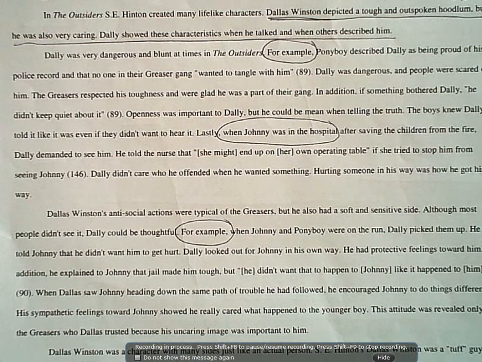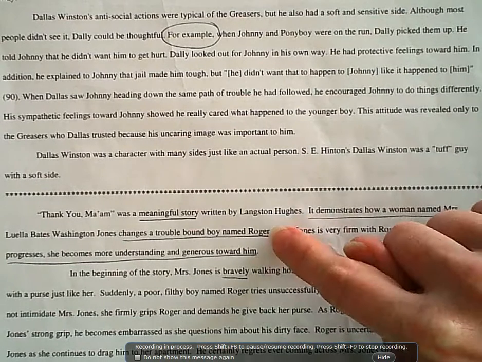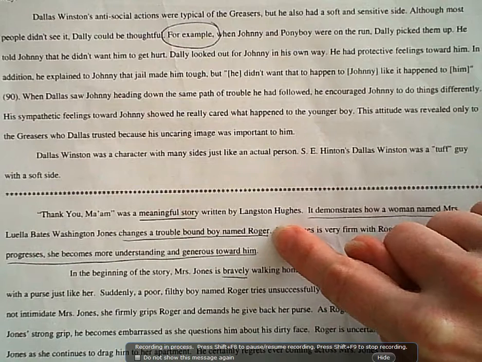In the second essay, Thank You Ma'am, this one responds to Thank You Ma'am, the author argues that Mrs. Jones changes a trouble-bound boy named Roger. So the writer of this essay is going to need to prove that, okay? So, opinion persuasive, right? That's often me as a writer trying to prove something to you, and literary analysis is very similar, okay?